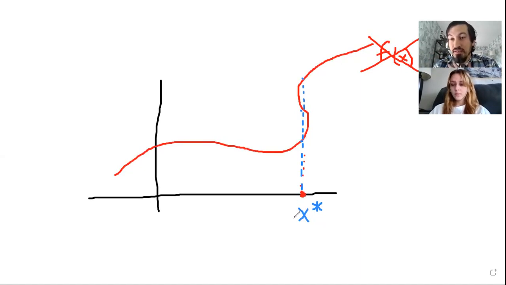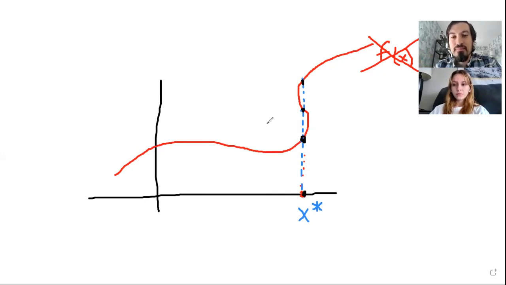If x star is in the domain of f, then it should identify exactly one number, and that's the function. And this fails it. I think this is a very clear point that I'm making here. It can't have multiple values for one point. Okay. And that's an important criteria. That's an important property of a function.